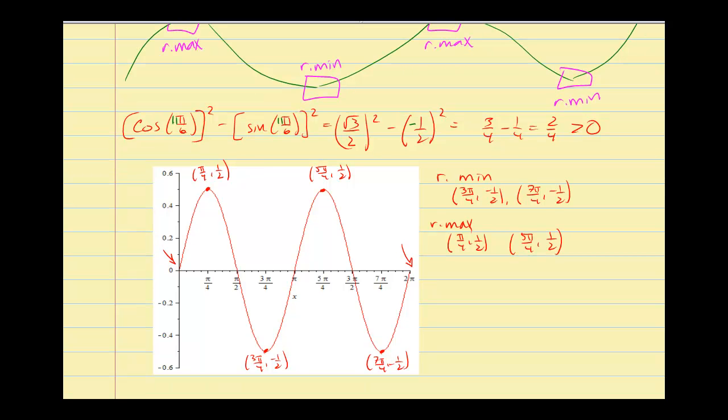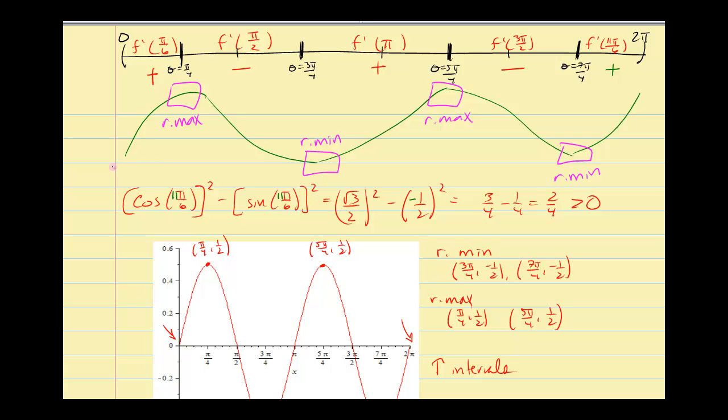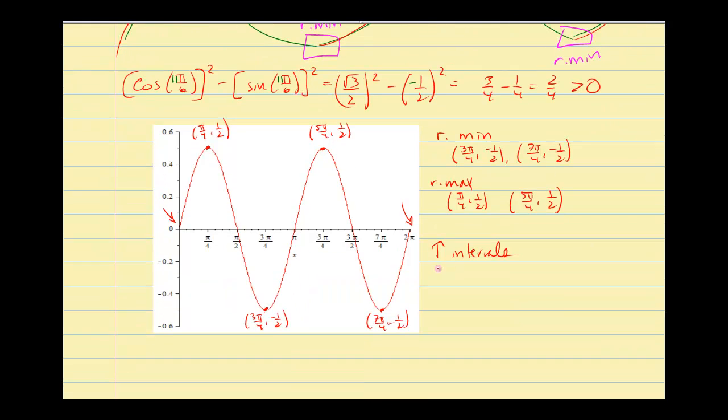Now I also have intervals on where my function is increasing, so I have increasing intervals. Now these increasing intervals would be from 0 to pi over 4, 3 pi over 4 to 5 pi over 4, and 7 pi over 4 to 2 pi. So again, 0 to pi over 4 is increasing, 3 pi over 4 to 5 pi over 4 increasing, and 7 pi over 4 to 2 pi increasing.